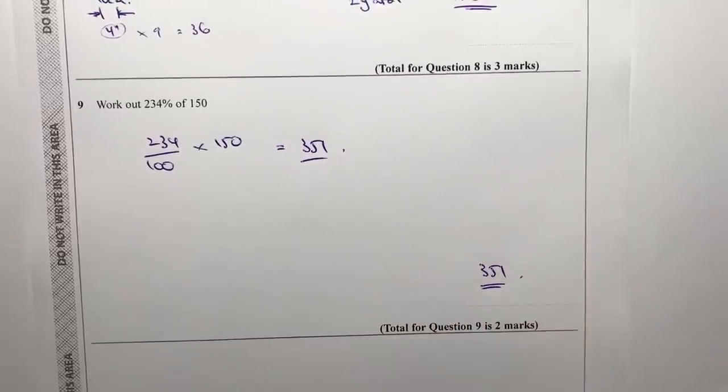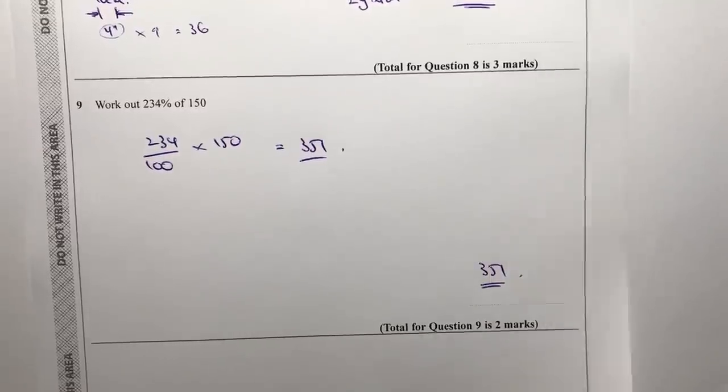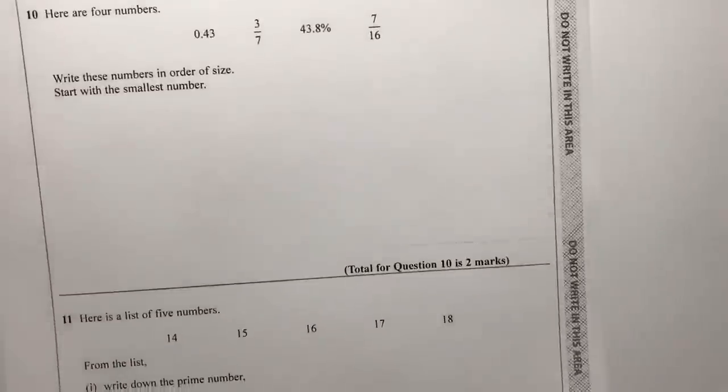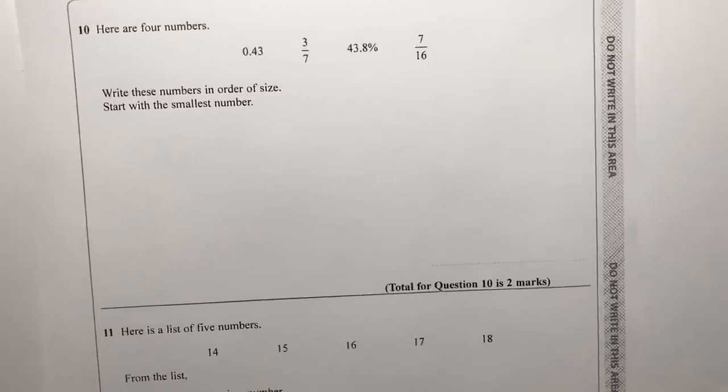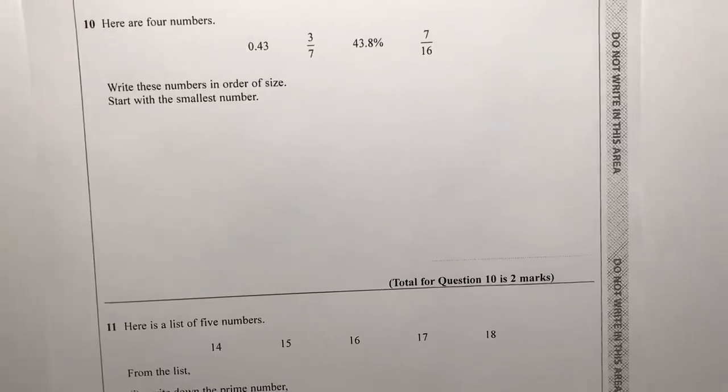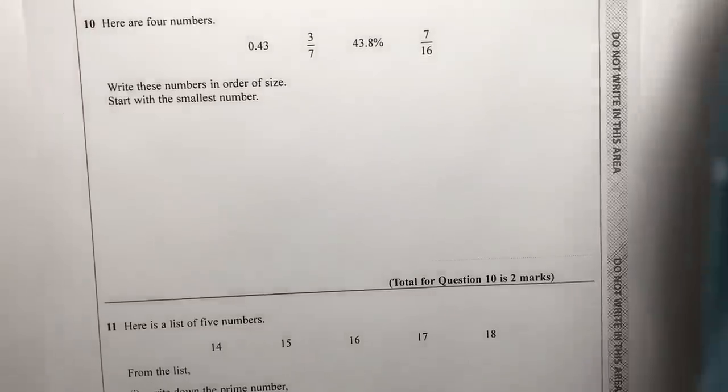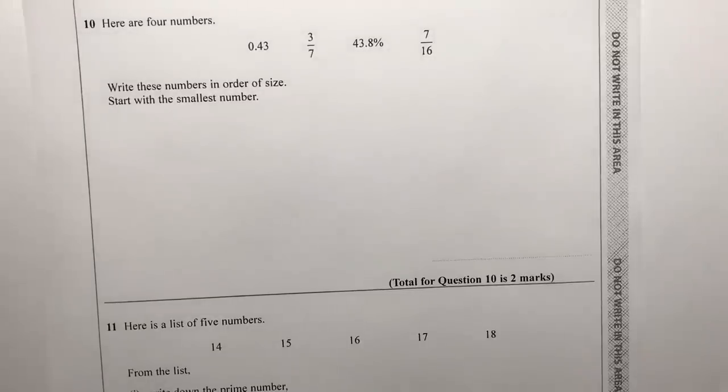Okay, let's work on then to question number 10. And in question number 10, again, this is another fairly popular one where they're asking us to compare numbers and write them out in order of size. So there's a couple of different methods of doing this. In this particular one, what I would be inclined to do is work them all out as decimals.